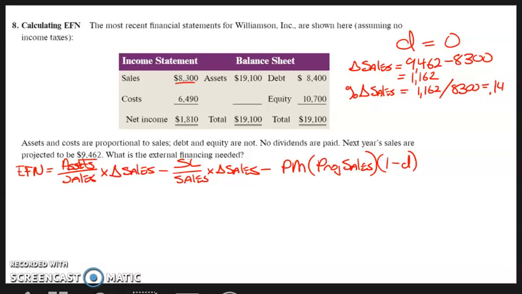The spontaneous lending in this case is 0.14 multiplied by the amount of debt. In most cases, spontaneous lending is short-term debt. So if the debt's broken out, you'd multiply this by short-term debt. So that's 1,176.